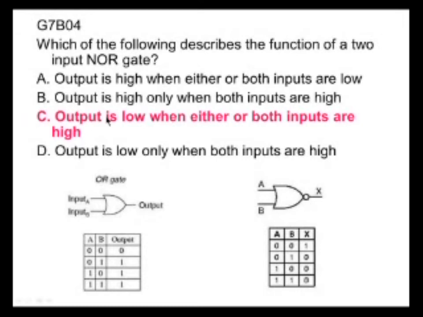Okay, so when either or both inputs are high on the NOR gate, the output is low, as you can see from this truth table here. And if you compare the two truth tables, you will see that the output of the NOR is exactly opposite the output of the OR because of the inverting function that makes it into a NOR.